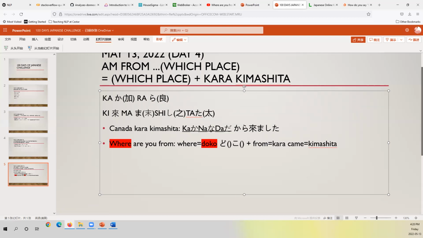The kanji that it is derived from is written as this, doko, which is this, and shi is this, right? Doko kara kimashita.